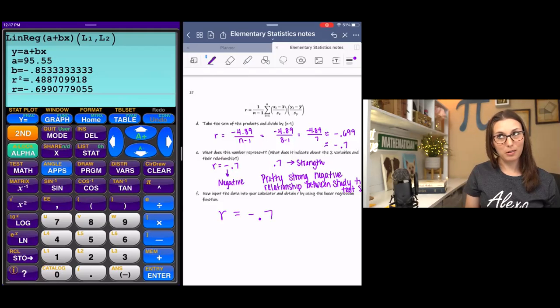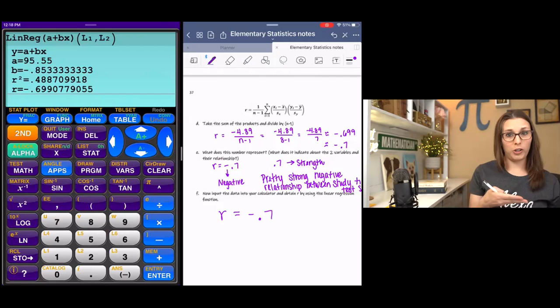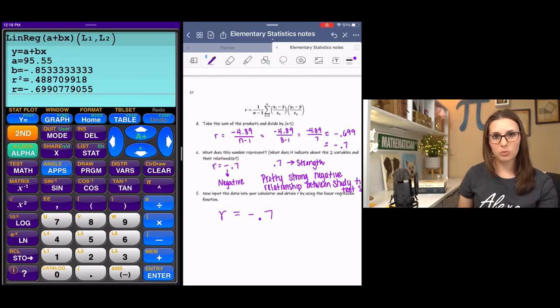So that was a little bit faster. But if you are doing it by hand, that's a great way to check your answer. If you don't have to do it by hand, then I would strongly recommend using a calculator like this.